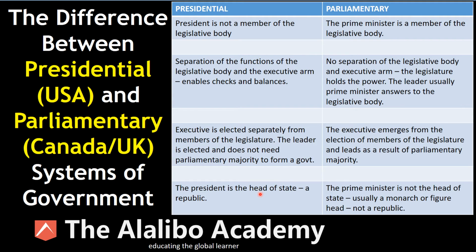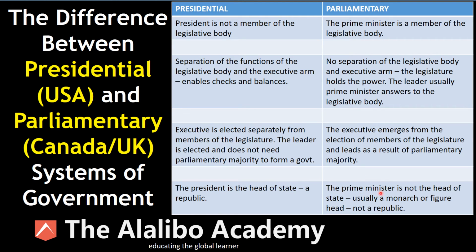Again, countries around the world, France, for example, the president of France is the head of state. In big countries like Brazil, the president is the head of state. Nigeria, South Africa, Kenya, Ghana, those countries around the world. These are republics, right? Usually the countries that run the presidential system of government are considered republics.